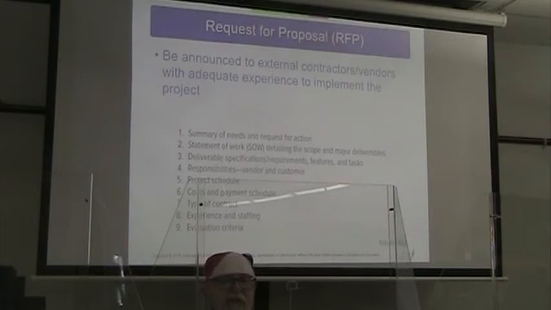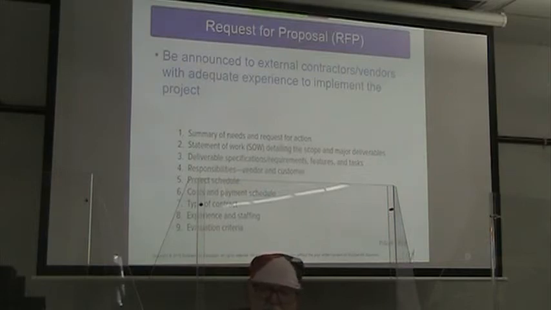Inside a request for proposal, we're going to have a summary of the needs for our project and a request for action. We're going to have a statement of work, detailing the scope and major deliverables that we expect from our subcontracting party. We're going to have deliverable specifics and requirements, the features and tasks.